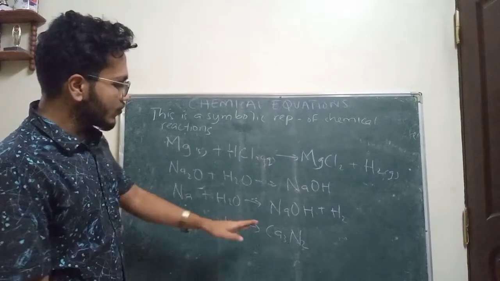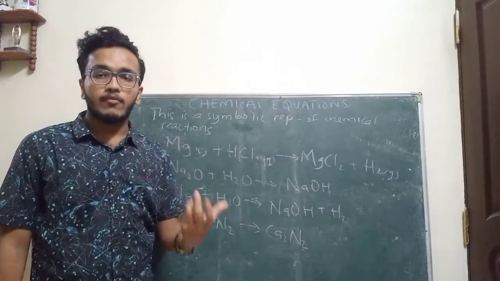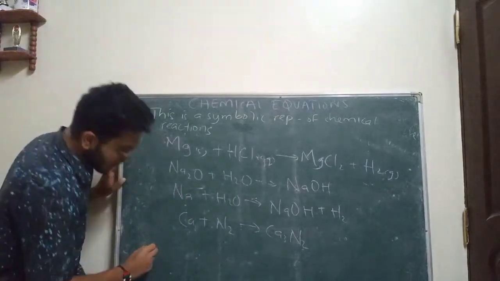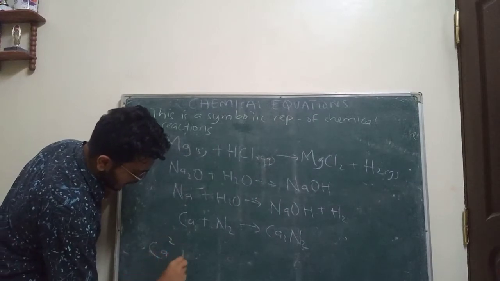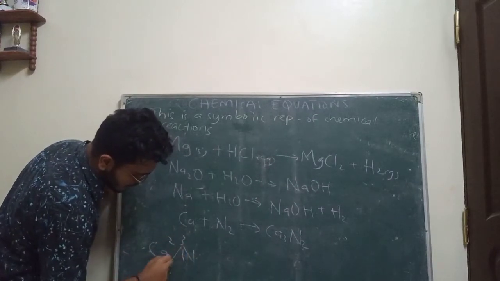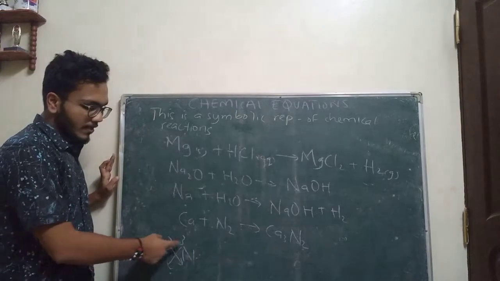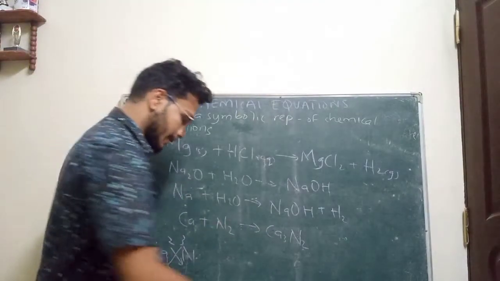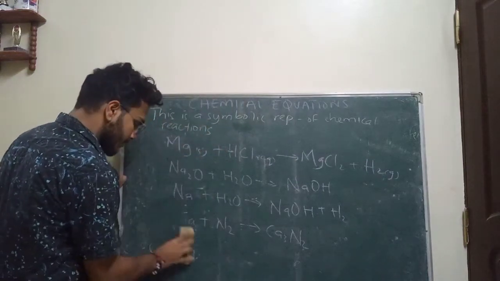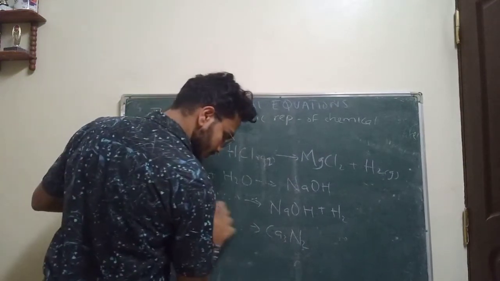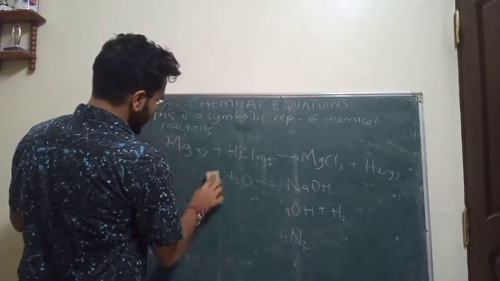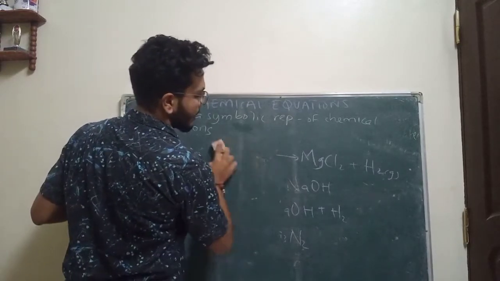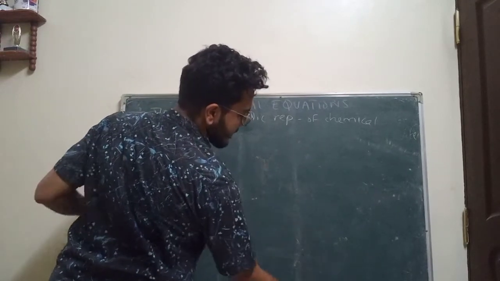I taught you how to write the formula of a compound with valencies. So calcium is valency 2, nitrogen is valency 3, so you cross 3 and you cross 2, and this will form Ca3N2. This is calcium nitride. Reacting magnesium and steam.